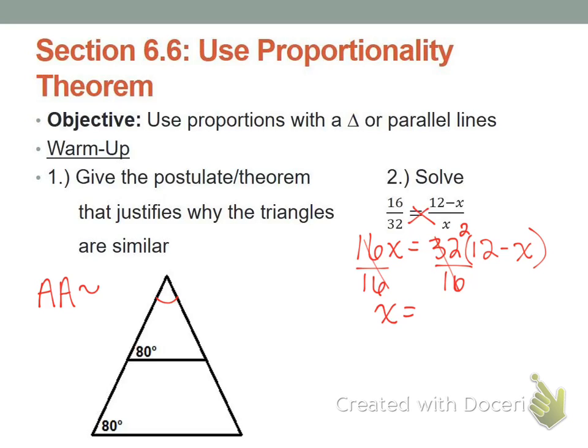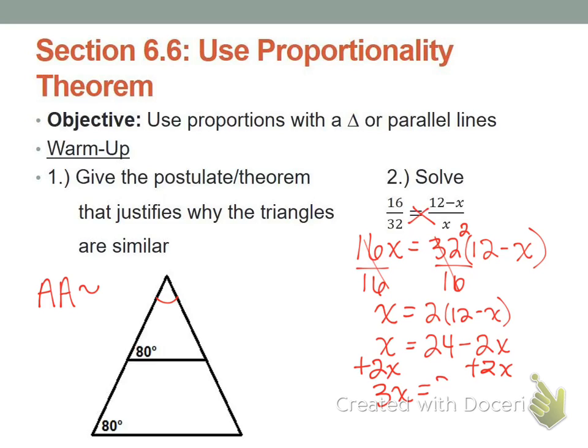You don't have to do it this way. I just think it makes it a little easier to do your distributing. So then you're just taking 2 times 12 instead of 32 times 12. But either way you do it, you should be getting the same answer of x equals 8.